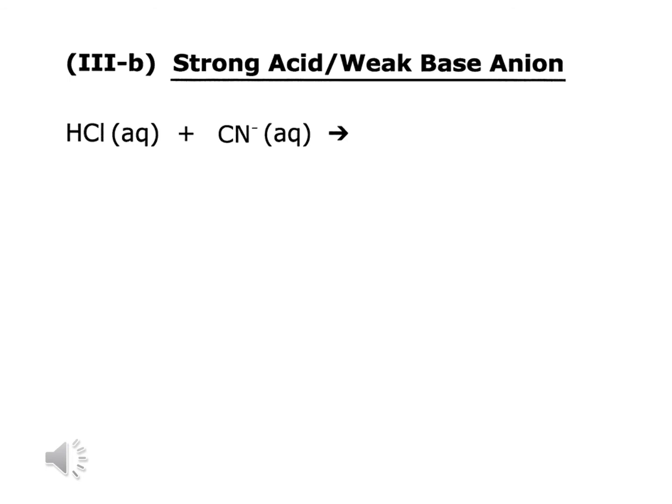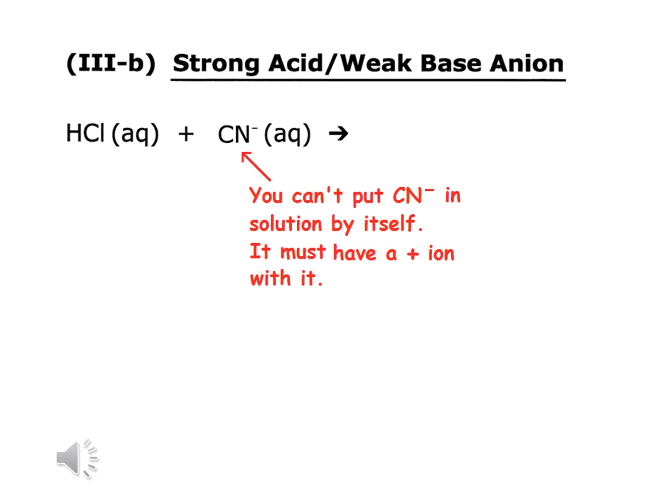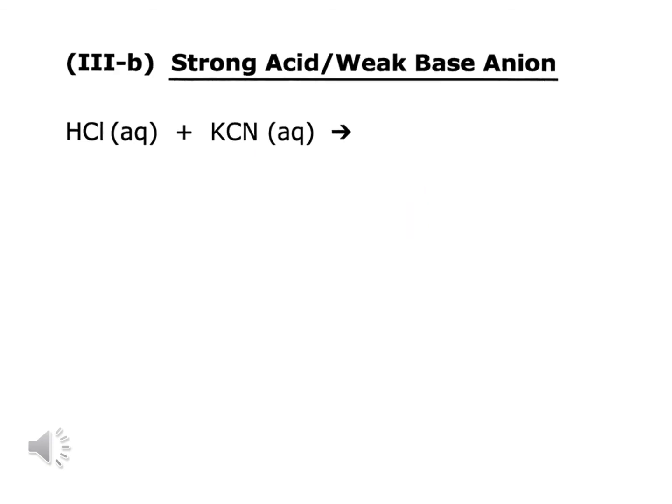So if you wanted to mix HCl with CN-, you have to put a spectator with the CN- to get it into solution. I'm just using potassium, but any positive ion from group 1 would work.